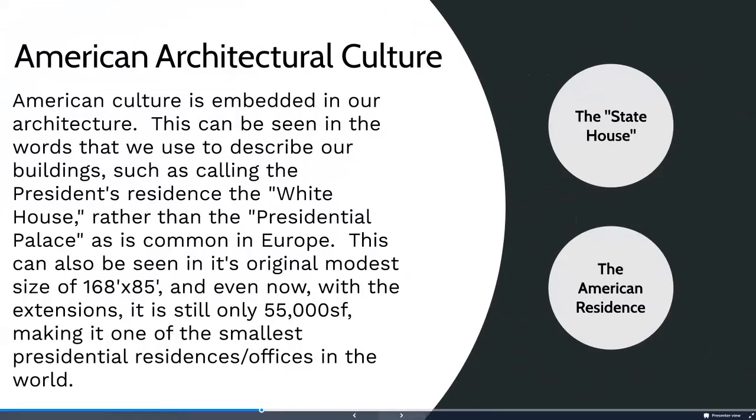We can also even see the values of egalitarianism in the modest size of the White House. It's only 168 feet by 85 feet. And even after 2 centuries of additions and expansions, it's still only 55,000 square feet, which makes it one of the smallest presidential residences and working offices in the world. Again, this is representative of our egalitarian nature.